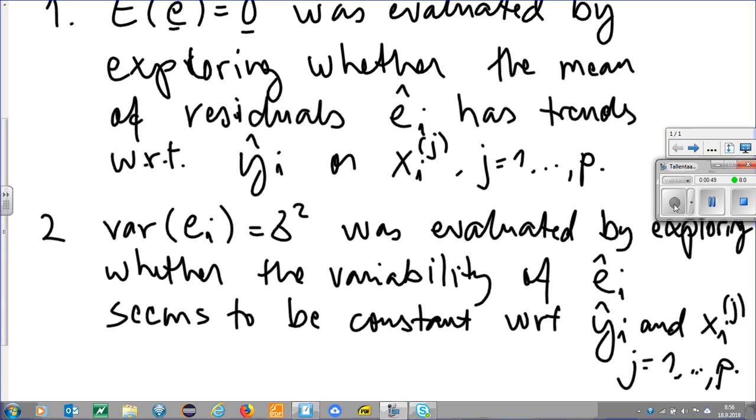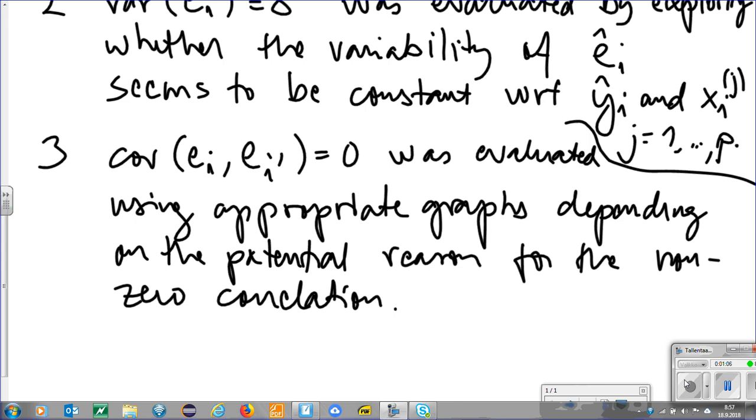And then the second assumption, about the constant variance of residuals, was evaluated by exploring whether the variability of the empirical residuals seems to be constant with respect to fitted values or any of the predictors. And the assumption that the covariance between any pair of residuals is 0 was evaluated by using appropriate graphs depending on the potential reason for the non-zero correlation.